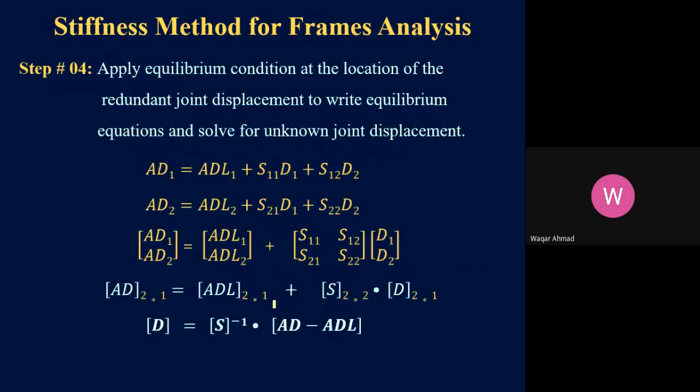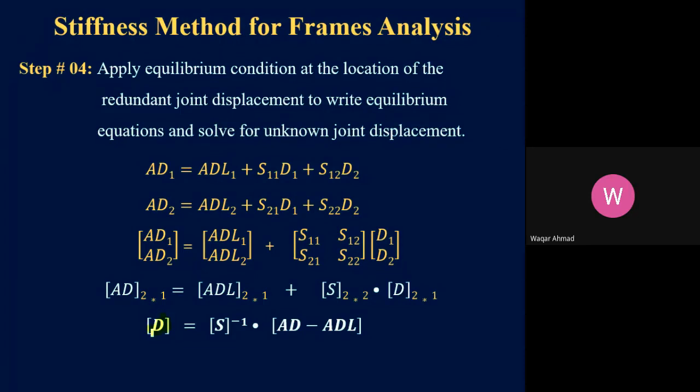Now, in step number 4, I need to put all those values which I obtained from the previous steps into this equation. In this equation, as we have discussed already, the D matrix is unknown.